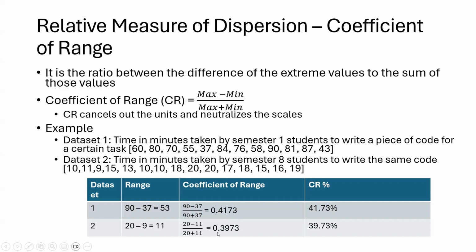And for the second one, we get 0.3973. And you can see that when we convert them into percentages, there's very little difference between the two. So now we can compare the data sets better. It's almost a negligible difference between the two, which appeared to be very huge when we first based it on the absolute measures of dispersion.